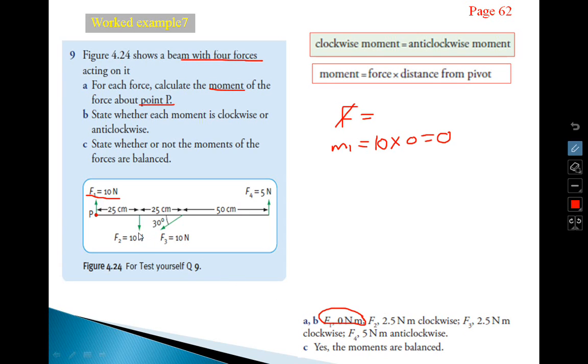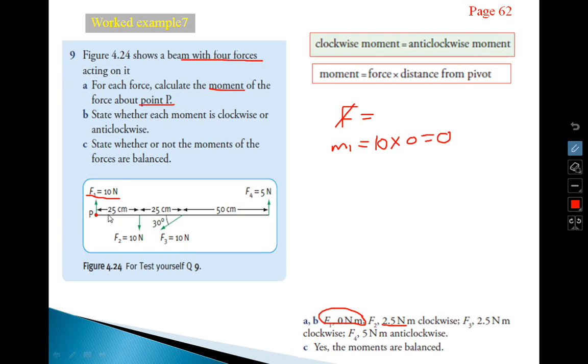F2 is what? It's a force 10 times 25 centimeter. So M2 is equal to force times distance, which is 2.5 Newton meter.